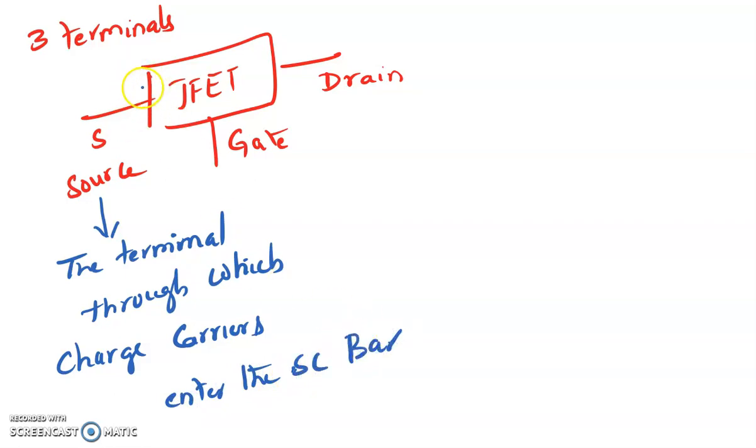So if it is n-type, then electrons enter from this semiconductor material. That's why this is called the source terminal.